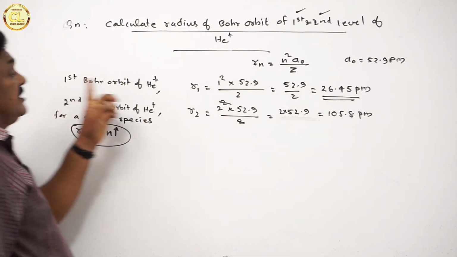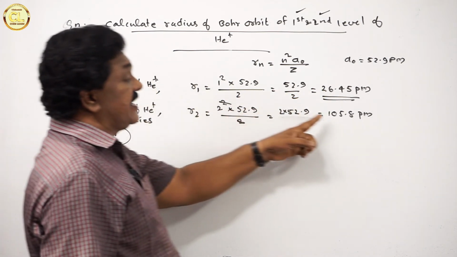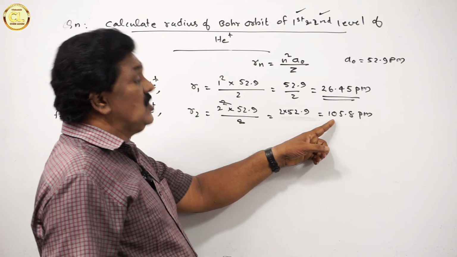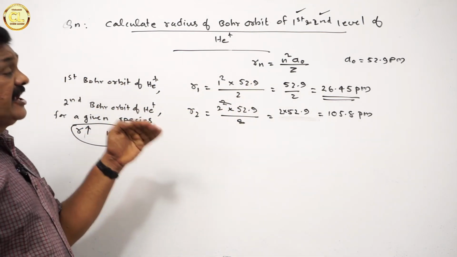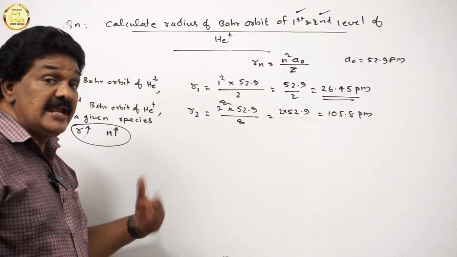See, if n is equal to 1, radius is this. But when n is equal to 2, radius value is this. This is higher value. So, as n value increases for a given species, the radius value increases. Radii will increase.